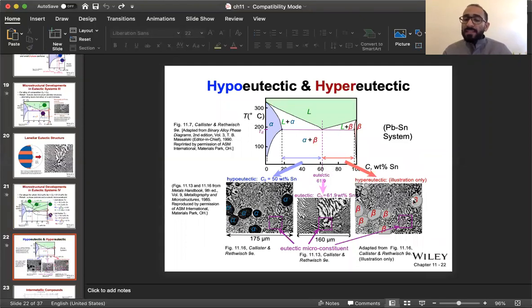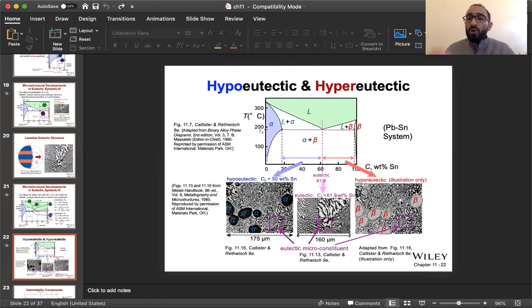And in both cases, you can notice that in addition to the lamellar structure you have an additional microconstituent, which is the primary alpha. Similarly here, if you have hypereutectic, in addition to the lamellar structure, you get this primary beta over here.